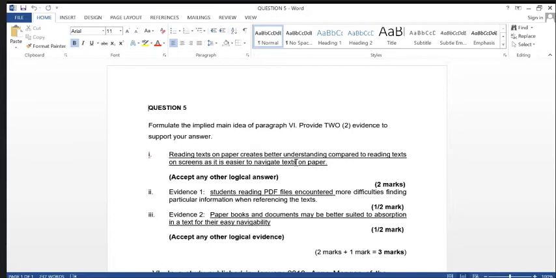So that's what you have to do. You have to study each sentence. What are they focusing on, talking about? You've got the keyword to be the focus, and then write your own sentence. You must write your own sentence. Any copying from the text will not get you any mark because the implied main idea is your own one sentence.